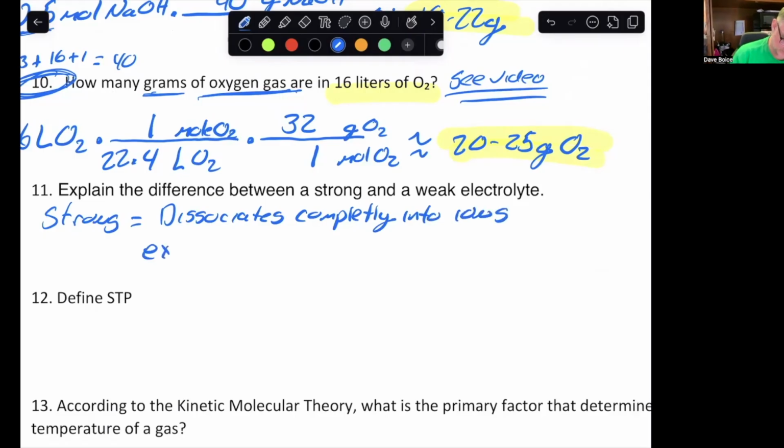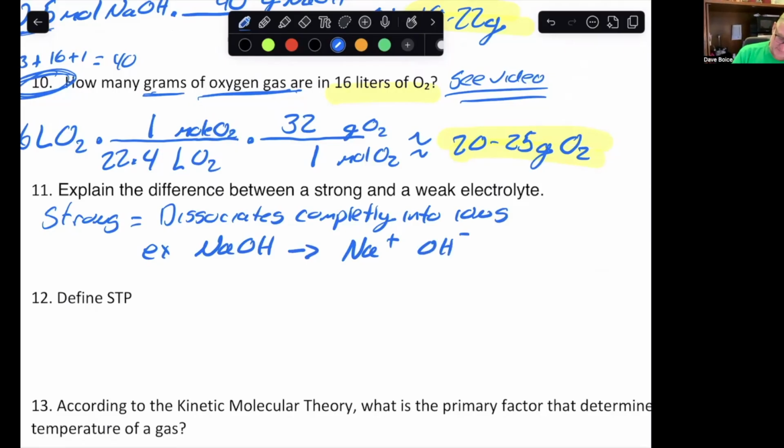So example, sodium hydroxide is what's called a strong base and therefore is also a strong electrolyte. And so that is going to break into ions, and this is very important: Na plus and OH minus.